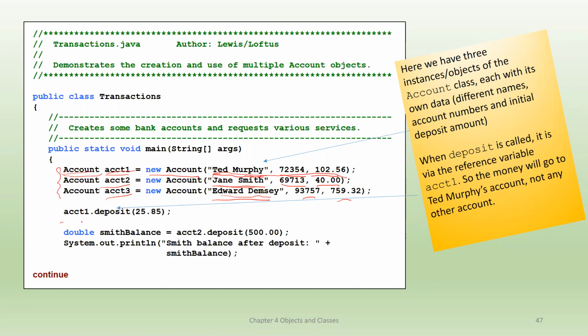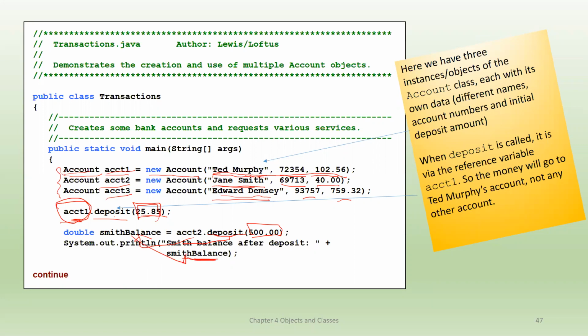Then you use one object to call the deposit method, and deposit accepts a double, so you give it the number. Obviously this deposit returns a value, so you assign it to balance, and that's how much you want to deposit. Then you print out this balance.